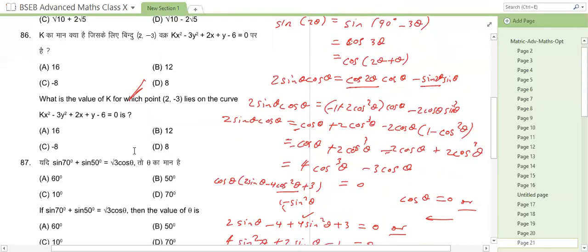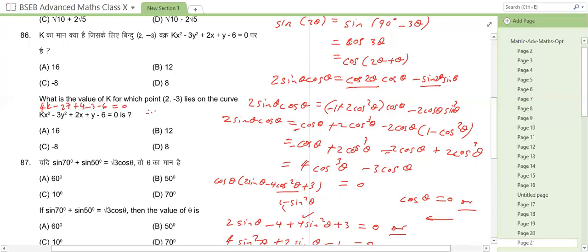What is the value of k? Question number 86. What is the value of k for which (2, -3) lies on the curve? So substitute the values 2 and -3 and solve for k. So it's going to be 4k minus 3 times minus 3 all squared is 9, 9 times minus 3 is minus 27, 2 times 2 is 4, plus y is minus 3, minus 6 is equal to 0.